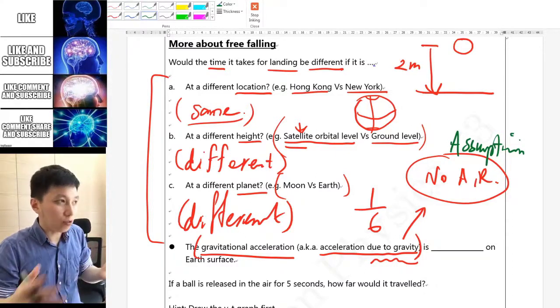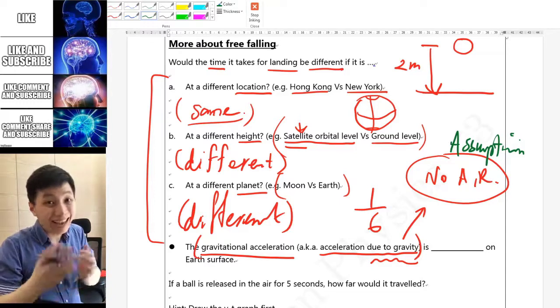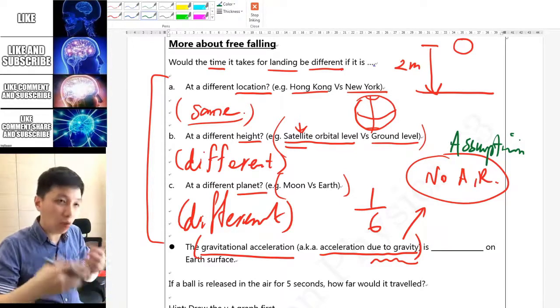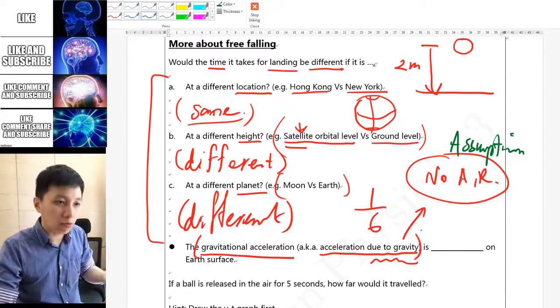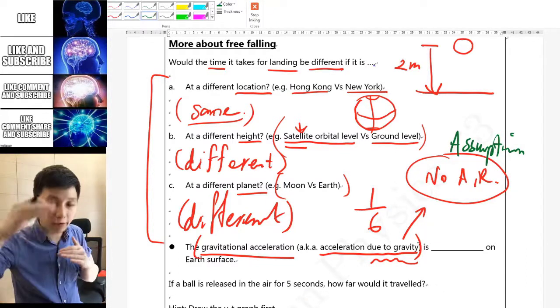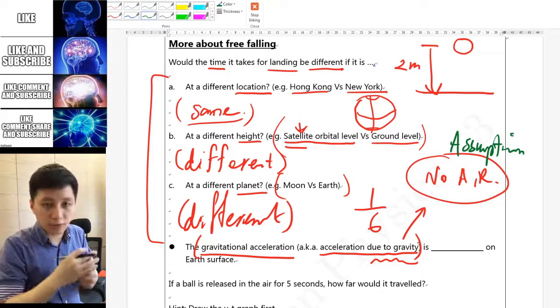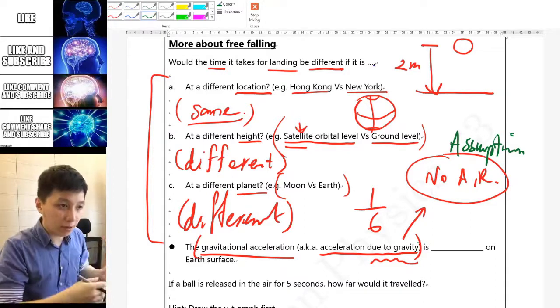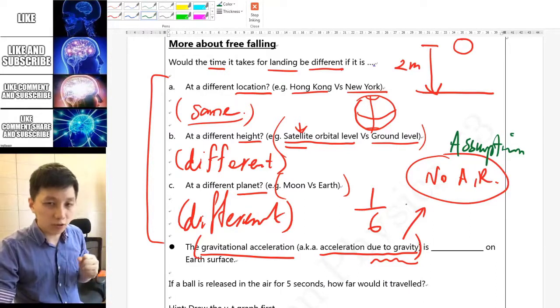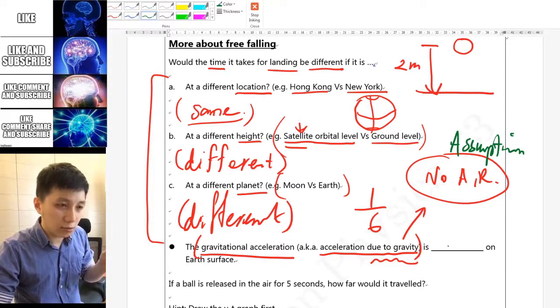However, for other objects, no matter whether you're talking about a 10 kg lead ball or a 1 kg lead ball, they will all be falling with the same acceleration, and therefore from the same height, they should take the same amount of time to land on the ground. So here we will say the gravitational acceleration is constant.